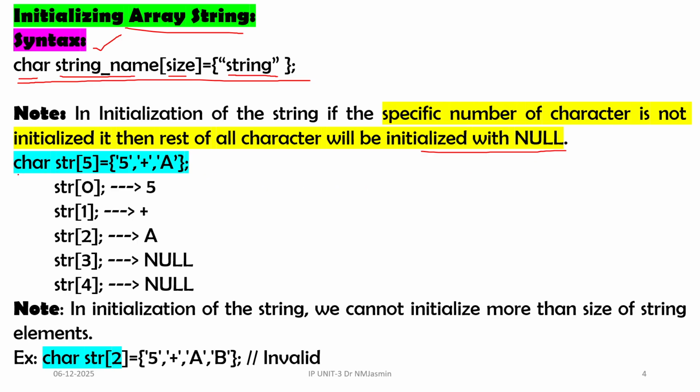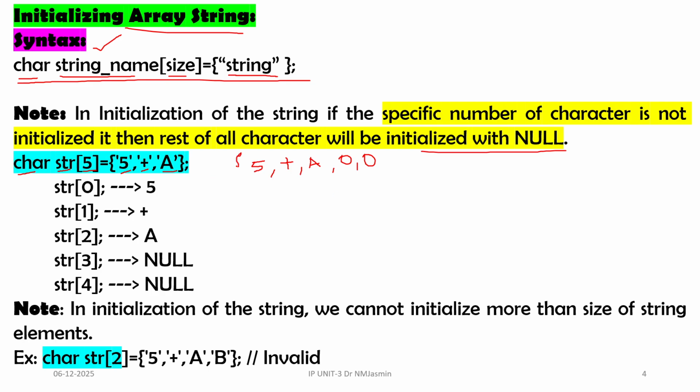Look here, the data type is char, the string, and the size is 5. That means 5 characters are expected. Here we have one character 5, another character plus, and another character a. So there are 3 characters. Here we take the first as 5, the second character as plus, the third character as a. But basically 5 should be there, so the remaining ones we simply keep as null characters. The rest of all the characters will be initialized with 0.